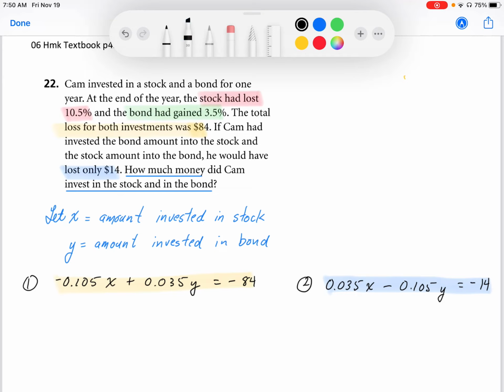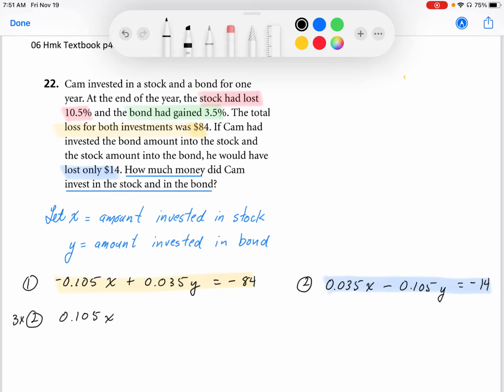To solve this, we can do this a few different ways. But since 0.035 is actually a multiple of 0.105, if we multiply that by 3, we're going to end up getting 0.105. You could have maybe gotten rid of decimals, but we're going to do it this way. I'm going to take equation 2 and multiply it by 3.